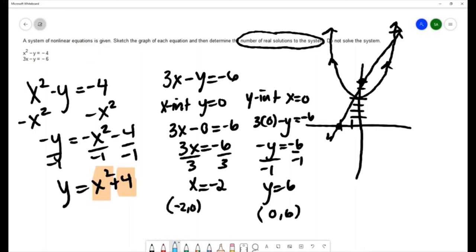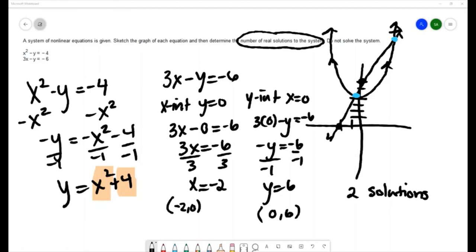So we're looking for intersection points, because those are points that will be on both graphs and will satisfy or make both of those equations true. So we know that this system will have 2 solutions because we see 2 intersection points.